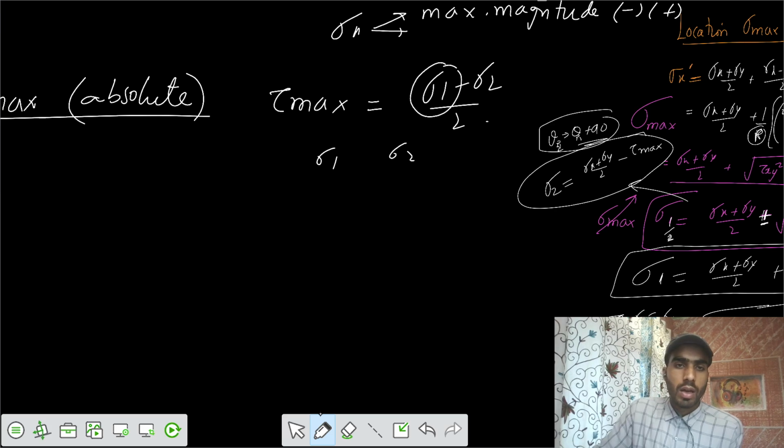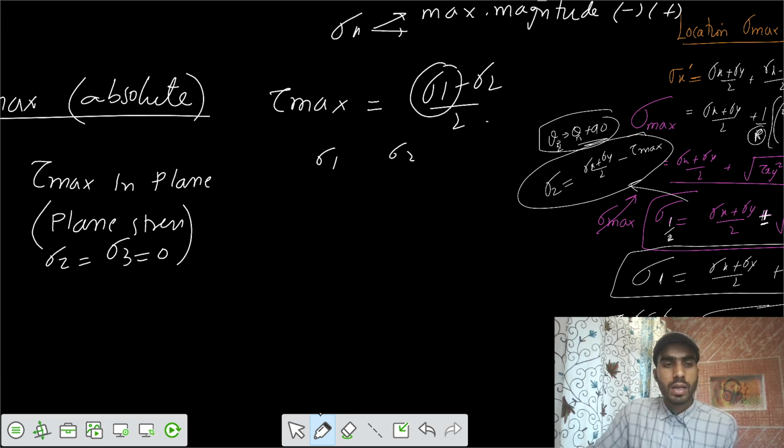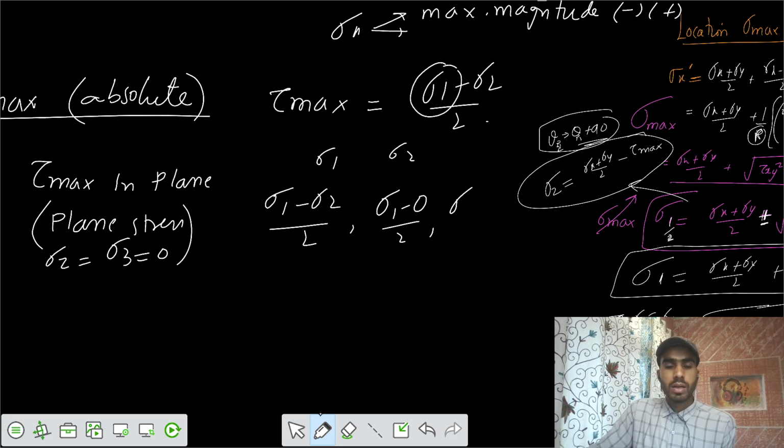If you want tau max in plane, for the plane stress condition, you know that sigma 3 is 0, that means sigma z is 0. For that you can write sigma 1 minus sigma 2 by 2, sigma 1 minus 0 by 2, and sigma 2 minus 0 by 2.